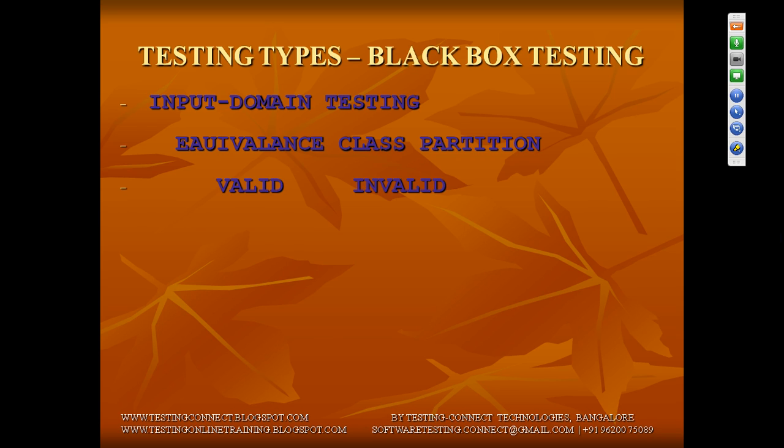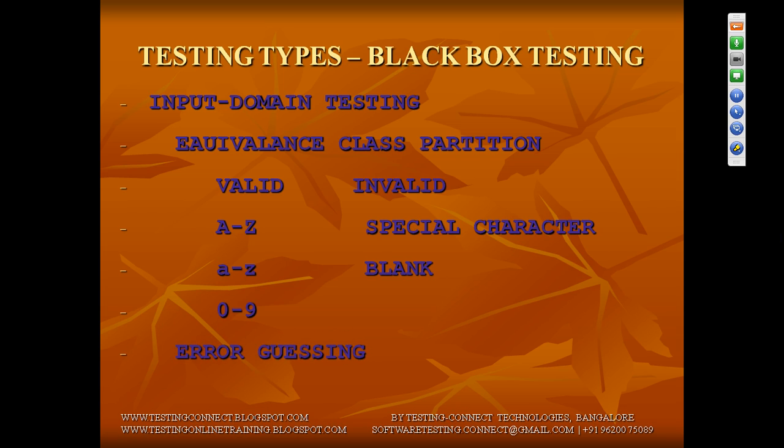Valid: capital A to Z, small a to z, 0 to 9, and dot. These are the rules, but they won't be stable for each and every application in the IT industry. They may vary from project to project or application to application.